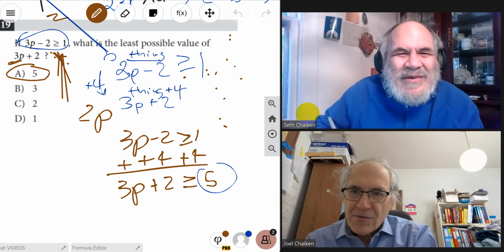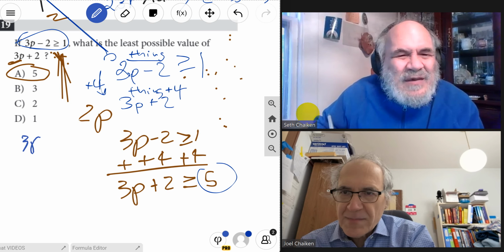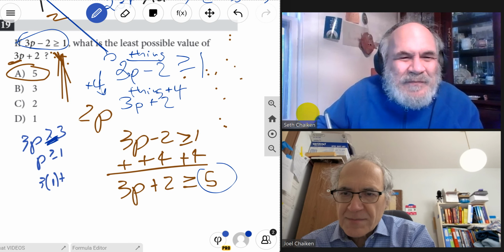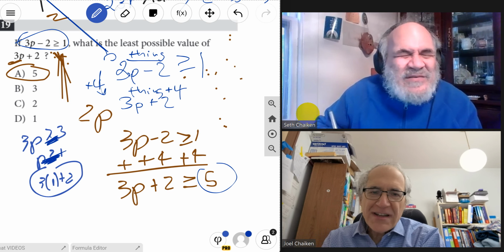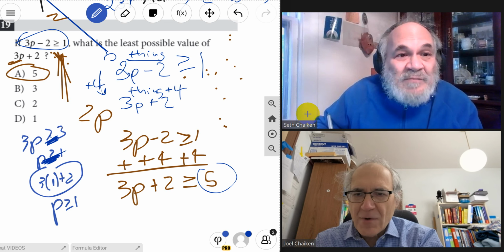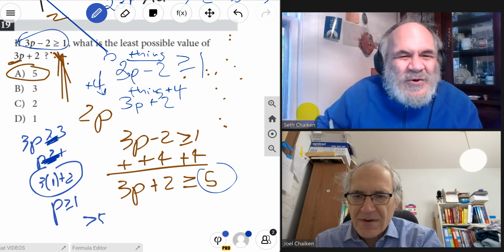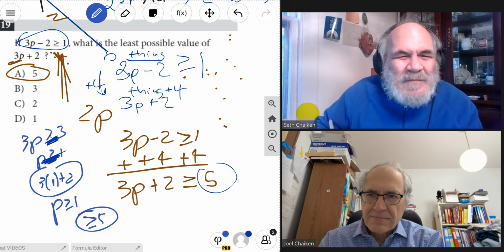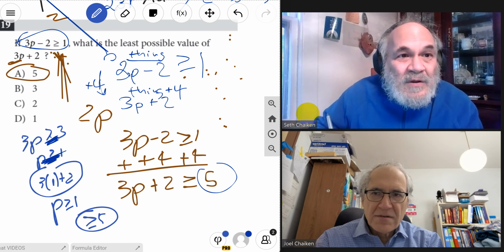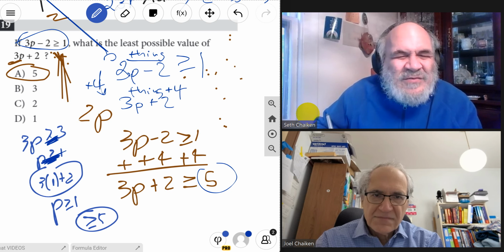I guess we can do it. P is greater than or equal to 1, so 3p is greater than or equal to 3, and then 3p plus 2 is greater than or equal to 5.